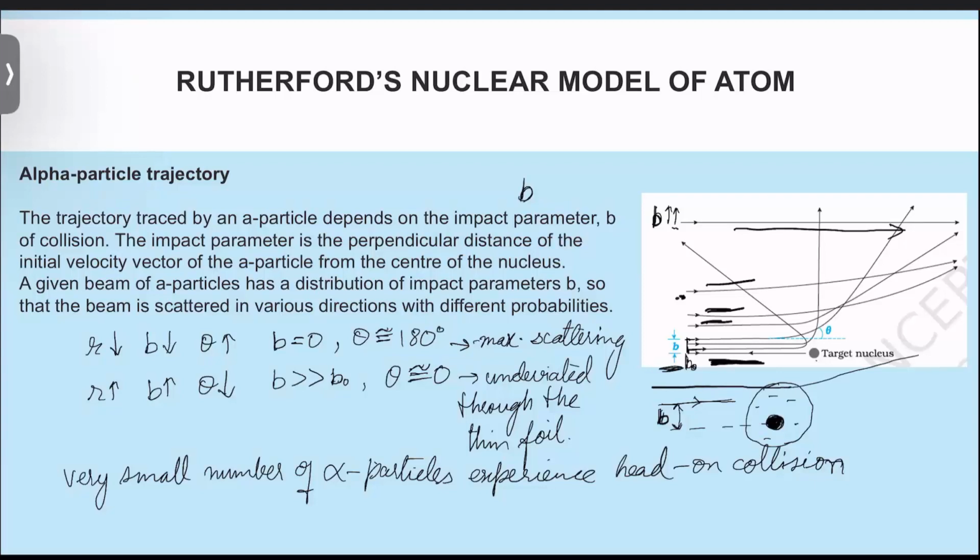It is not getting rebounded back; it is not colliding with the nucleus. So this validates the understanding that all or maximum mass of the atom is concentrated in the nucleus.